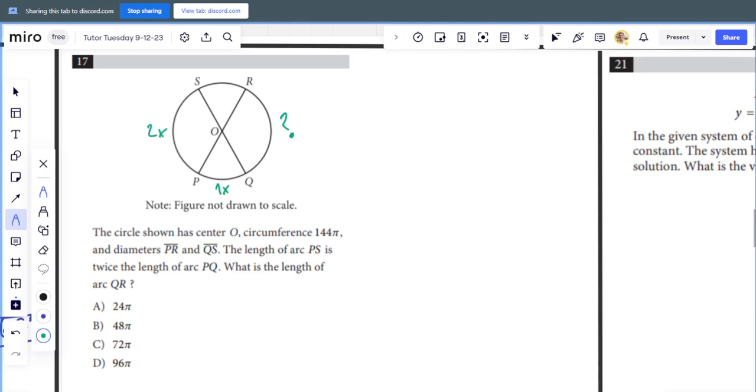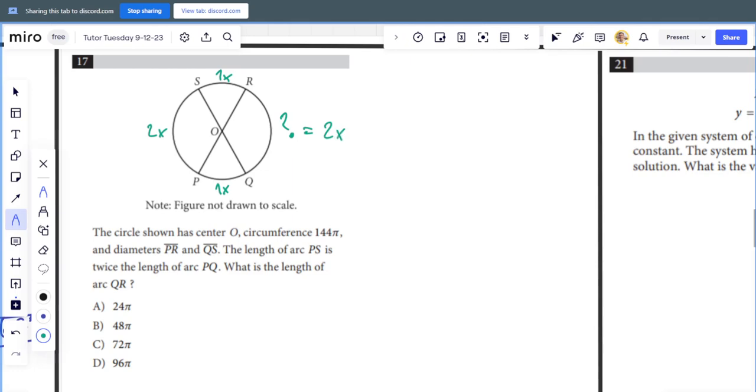Well, if I know that PQ is one measure, PS is 2 times that, and since these pass through the center of the circle, this is also 1 times, it's the same as PQ. This I could label as 2x.